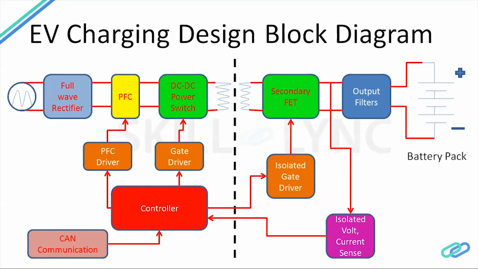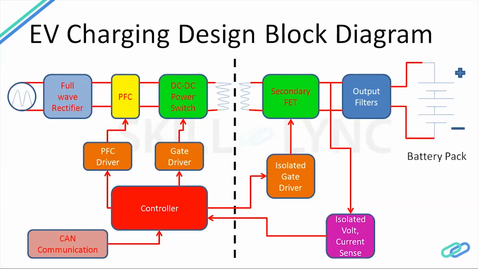Then comes the DC to DC section. So basically up to this we have converted our AC voltage to the DC voltage with power factor correction. So at the input of this DC section we have a proper DC voltage.